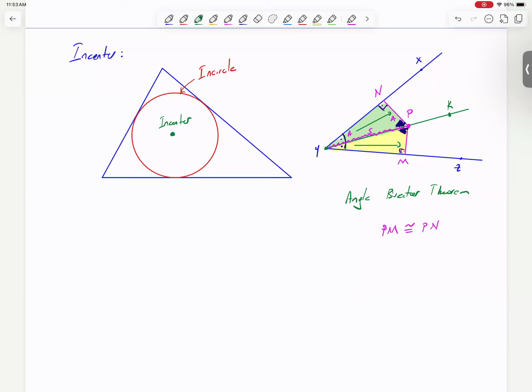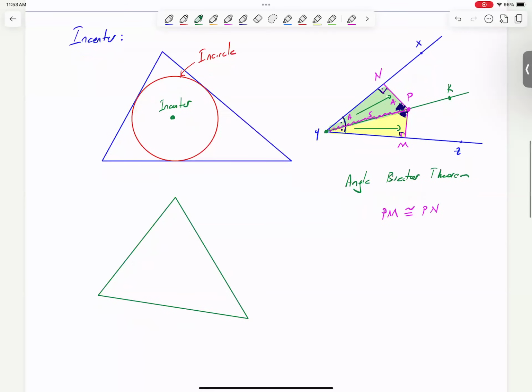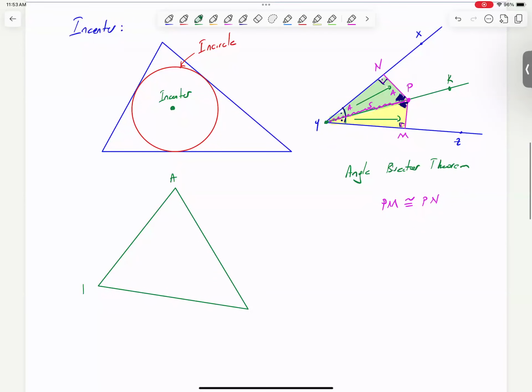All right, now after explaining this, let's have a triangle and locate the incenter of this triangle. Let's do this triangle ABC. We are going to draw angle bisectors. Let's draw the angle bisector from angle B in red. The red ray is cutting the angle B in half.